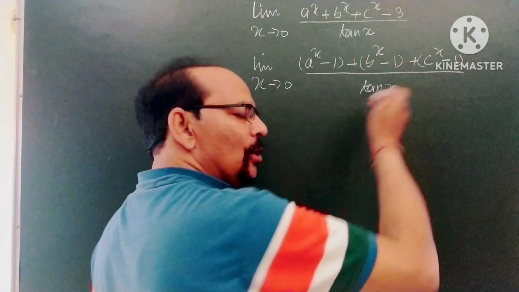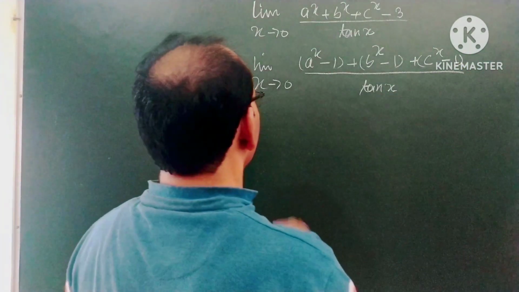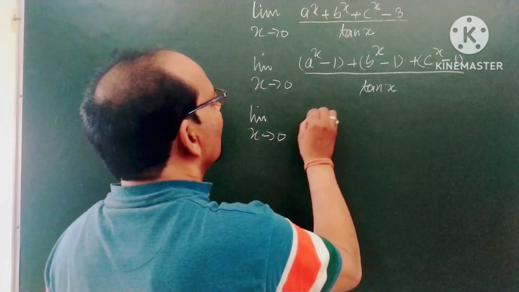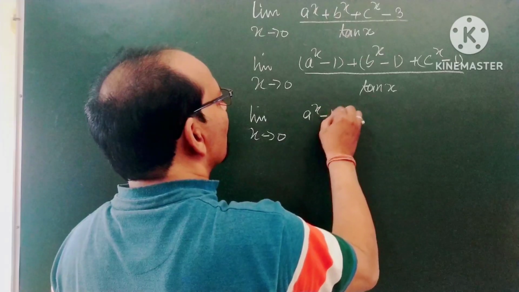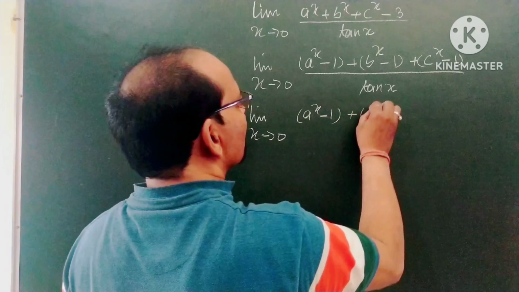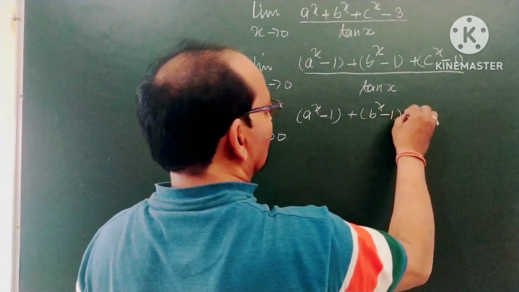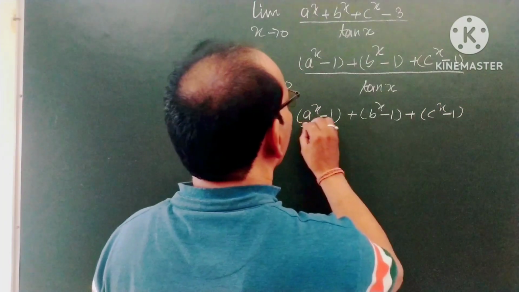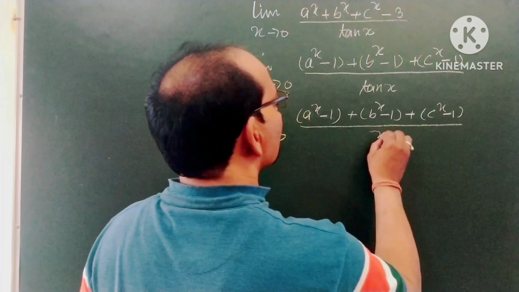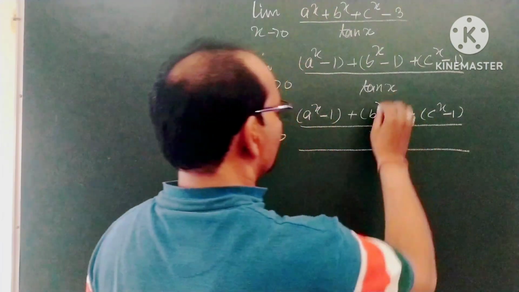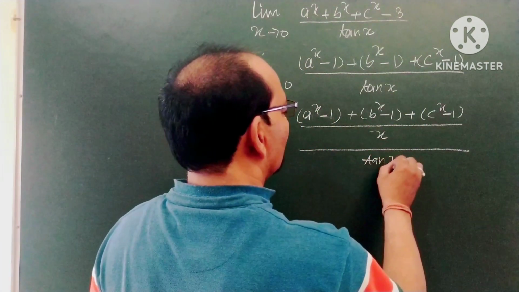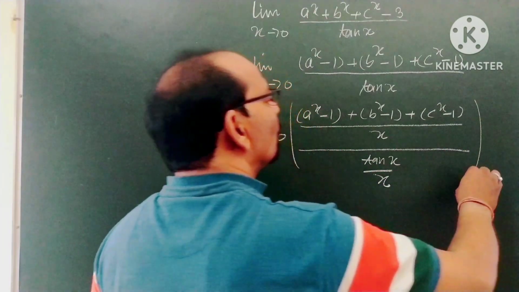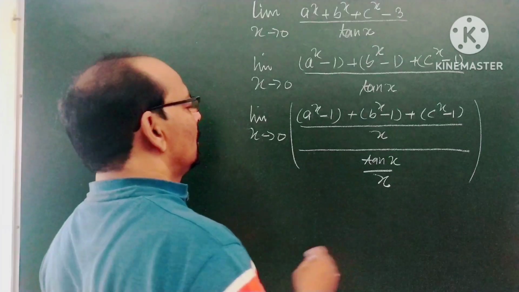If both numerator and denominator are divided by x, then the limit as x tends to 0 is (a^x - 1 + b^x - 1 + c^x - 1) divided by x, and in the denominator 10 tan x by x. Now I want to find the limit of both numerator and denominator.